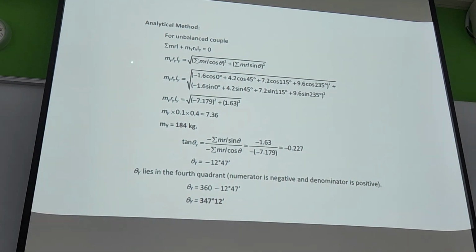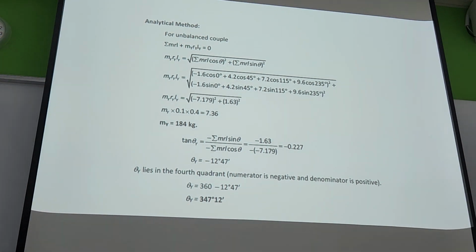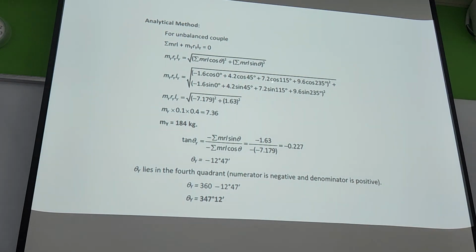So if you reference plane X, you can write the moments acting on plane Y should equal the sum of MRL cos theta squared plus MRL sin theta squared. That means for each of the 4 masses, M1, M2, M3, M4, calculate M1 R1 L1 cos theta 1 plus M2 R2 L2 cos theta 2, like that for all 4 masses.